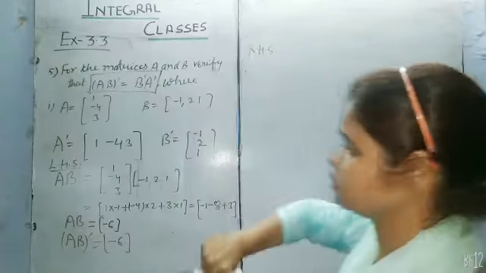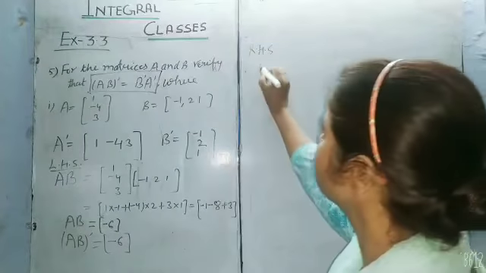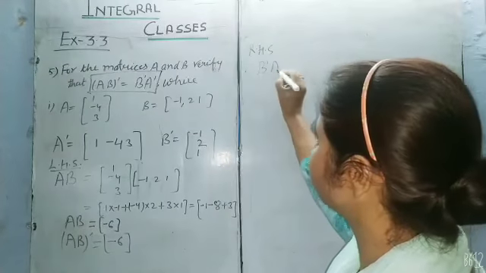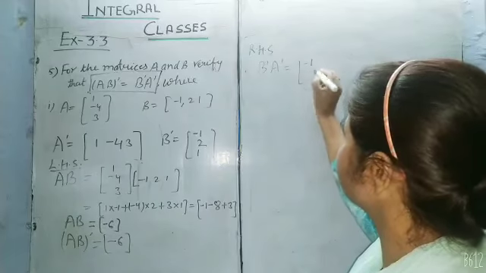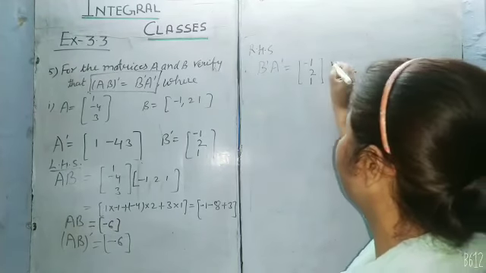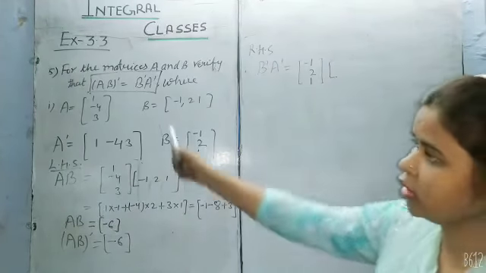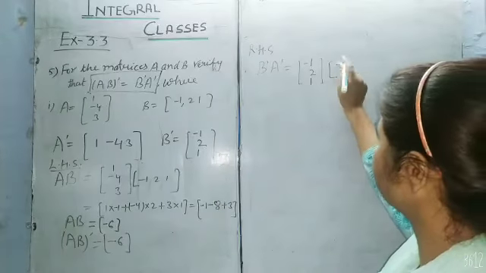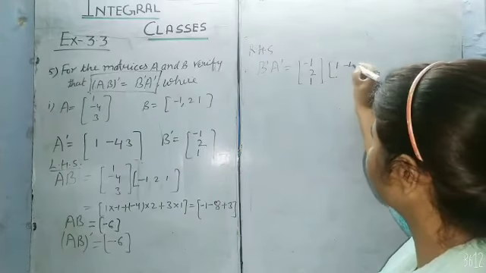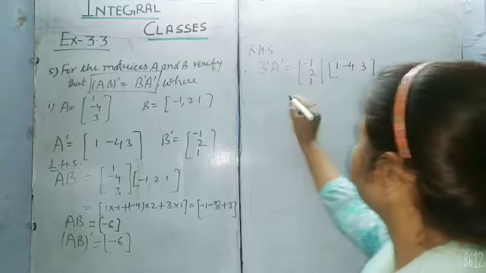B transpose A transpose. What is the value of B transpose? B transpose multiplied by A transpose. B transpose equals minus 1 2 1, and A transpose equals 1 minus 4 and 3.